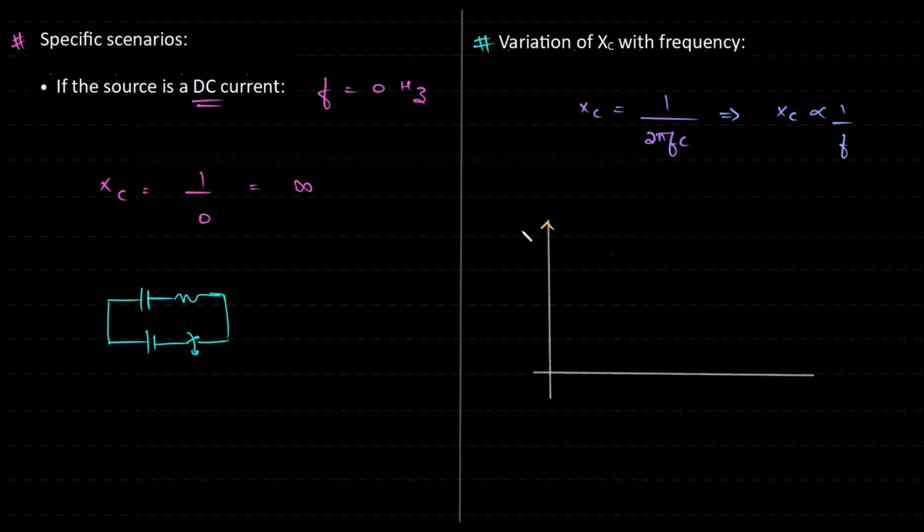Say this is your XC and that's your frequency. Since it's inversely proportional, your graph will look like this. It will decrease as you increase the frequency. So basically the capacitor effect will reduce as you increase the frequency.